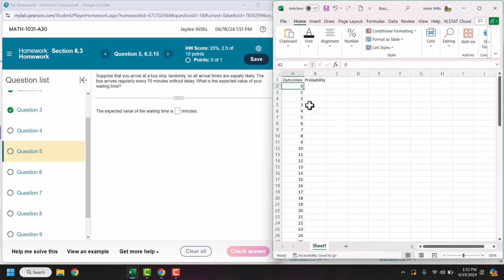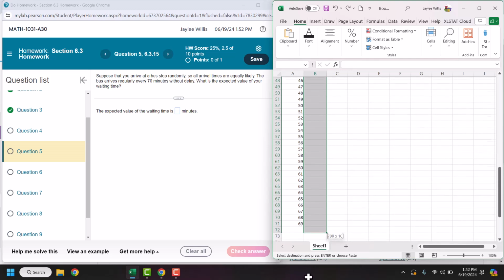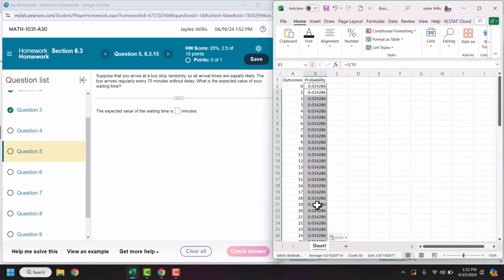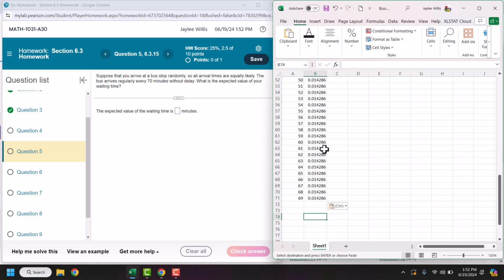And since there's 70 possible arrival times, and this particular one is one out of those 70, and they're all equally likely, I can calculate the probability as 1 divided by 70, because there's 70 possible outcomes, and the outcome of waiting 0 minutes is one out of those 70 outcomes. So I'm just going to copy and paste that number all the way down.